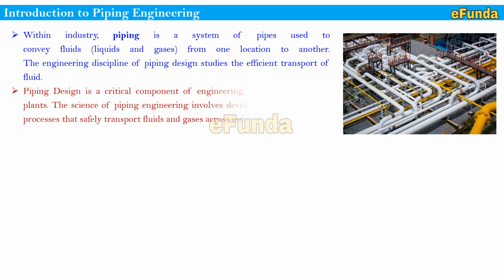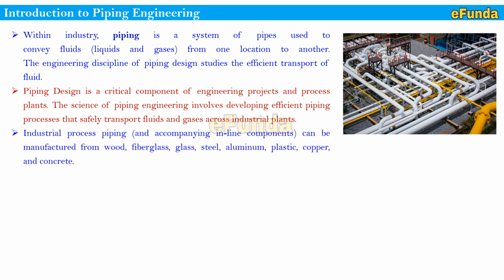Piping design is a critical component of an engineering project and a process plant. The science of piping engineering involves developing efficient piping processes that safely transport fluids and gases across industrial plant. Industrial process piping and accompanying inline component can be manufactured from wood, fiberglass, glass, steel, aluminium, plastic, copper, and concrete.